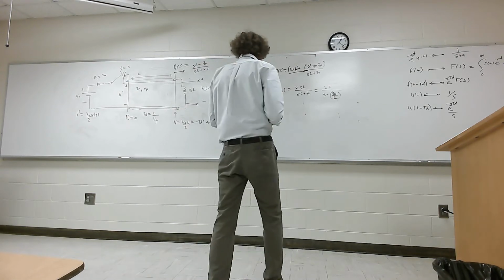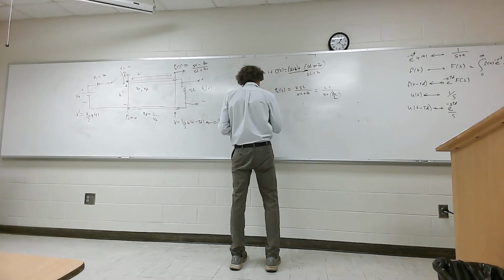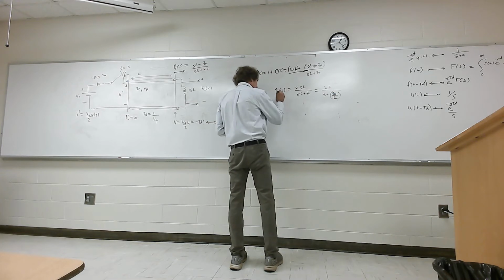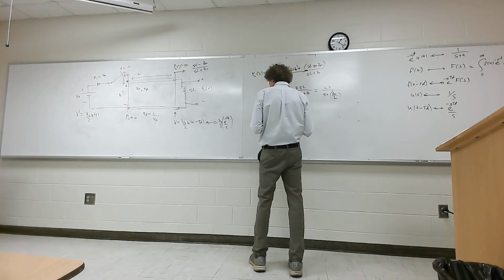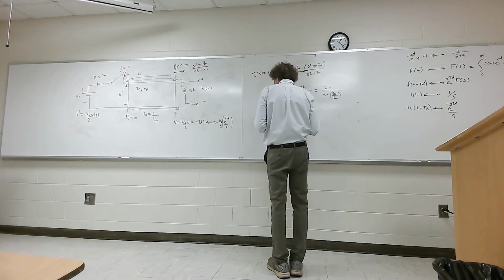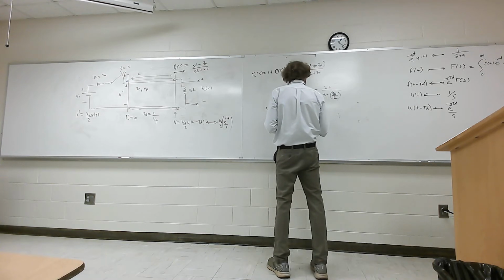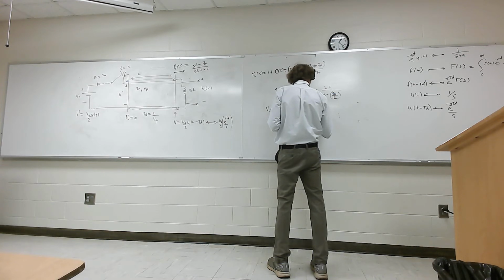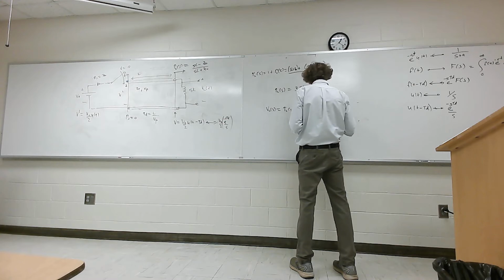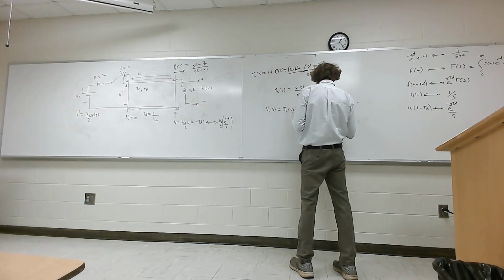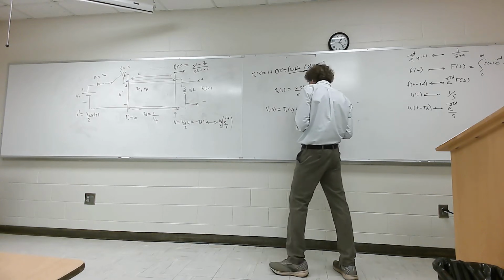All right, the next thing I do is I say that the actual voltage at the load in the S domain is going to be this transmission coefficient times that voltage right there, I'm calling V. So this is going to be equal to, transmission coefficient is 2S over S plus Z naught over L, then it's going to be times V naught over 2, and then it's times 1 over S, and it's times e to the minus STD. Y'all agree?